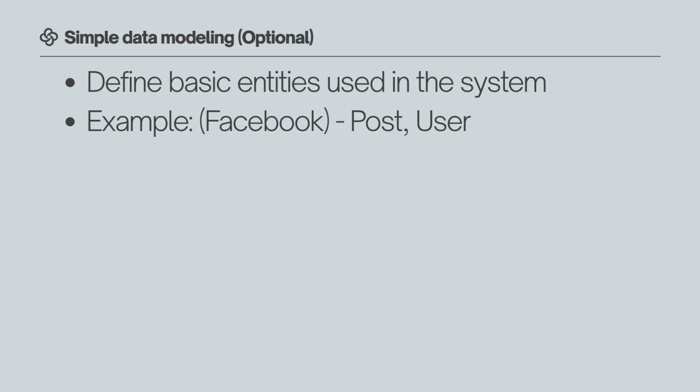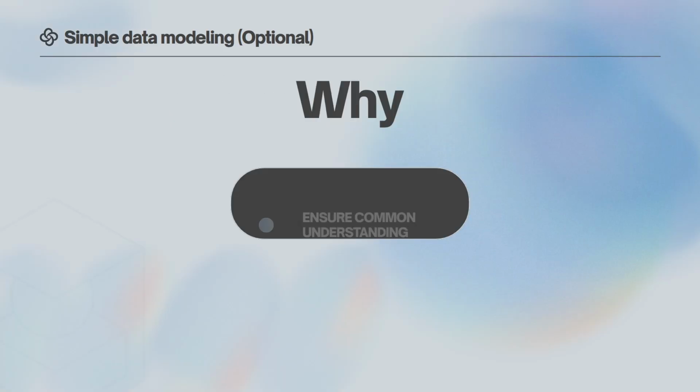For instance, you have a post, you have a user, you have no idea whether it's going to be stored in a relational database, in a NoSQL database, in a graph database, in a search engine. It doesn't matter, just that you know, okay, we need to have a post somewhere in the system, we need to have a user, we need to have a group, we need to have something. And mainly this is purely for common understanding.